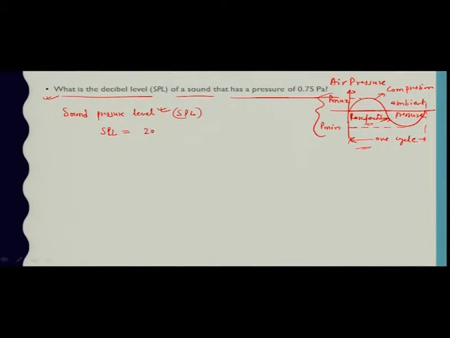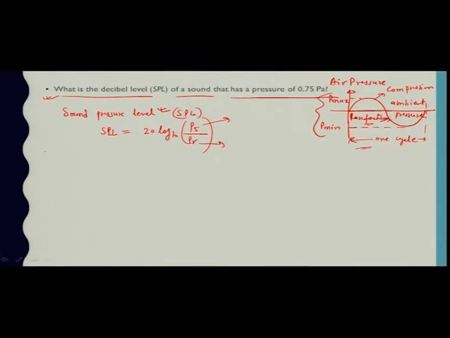So that is 20 log base 10 of the sound pressure from the source upon the reference sound pressure, that is PS by PR. So here we can calculate with the help of this particular data. This is the sound pressure from the source, and this is the reference sound pressure.